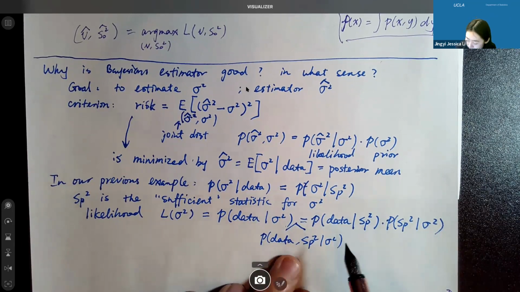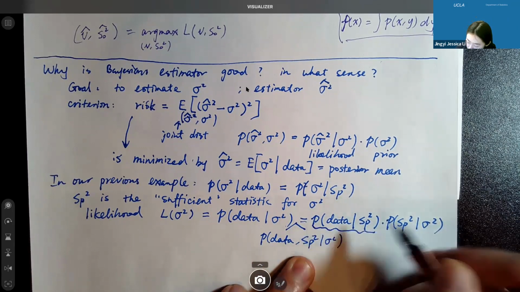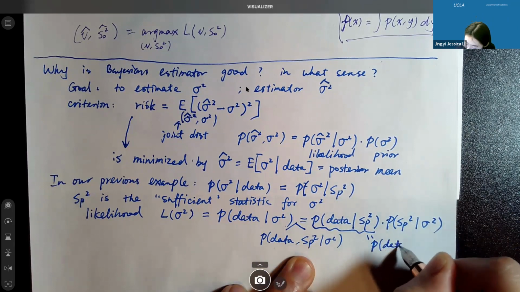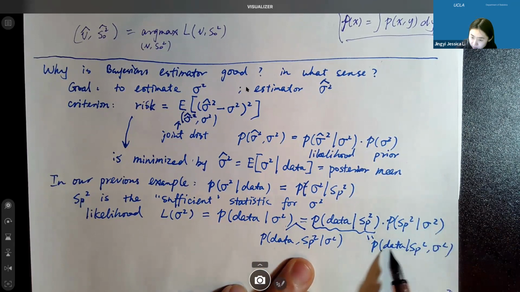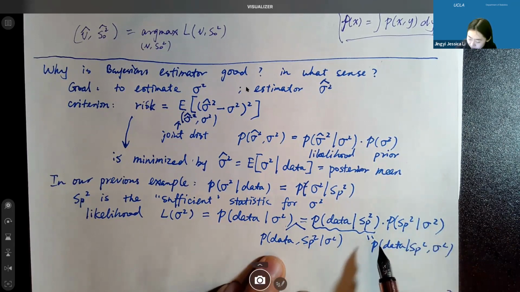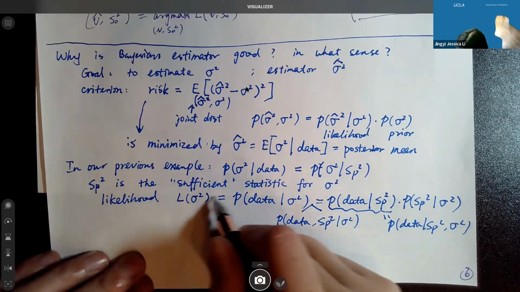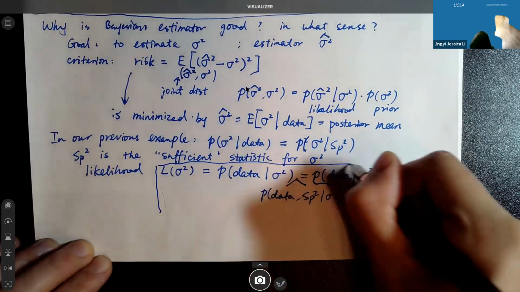But when I do the factorization, this term should be the data given S_p squared and sigma square. So this multiplied by this should be equal to this. Sorry, I think I might have confused you, so let me rewrite it to clarify things.